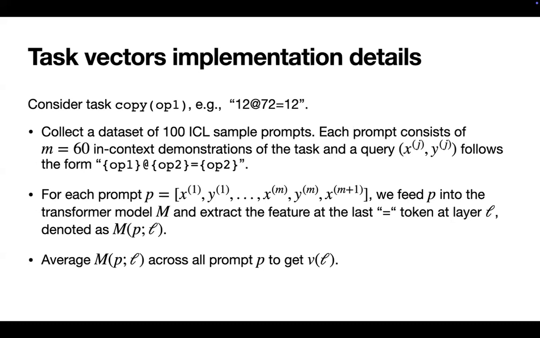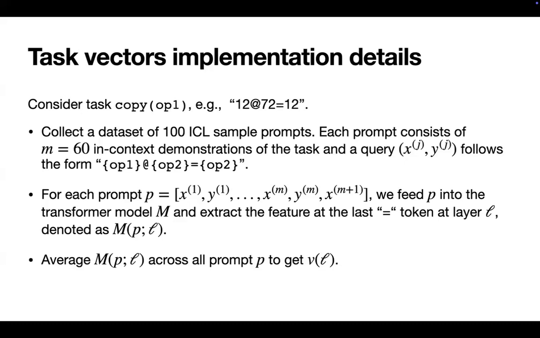For example, we consider the task copy operand 1. For example, for 12 add 72, the output is 12. So basically, the task of copying the first operand. The first step is to collect a dataset of, say, 100 ICL sample prompts, where each prompt consists of 60 in-context demonstrations plus a query.